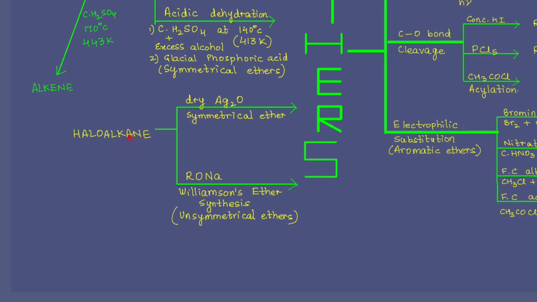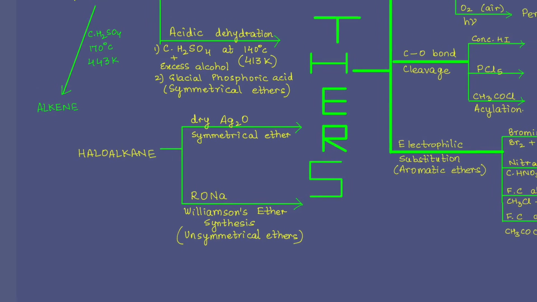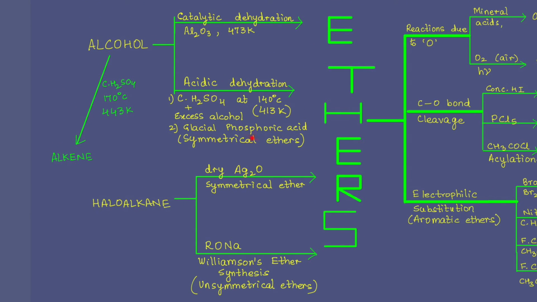The second method of preparation, second compound from which we can prepare ethers is from haloalkanes or alkyl halides using dry silver oxide, in which case you get symmetrical ethers. By the way, the previous method from alcohols, this also gives us symmetrical ethers, which actually is not in favor of this reaction because you can prepare only symmetrical ethers by this method, just like this one.